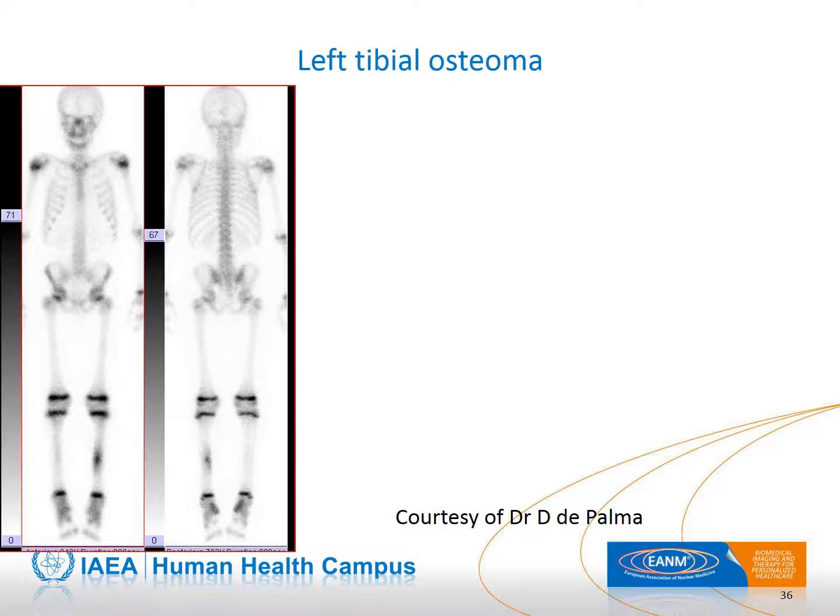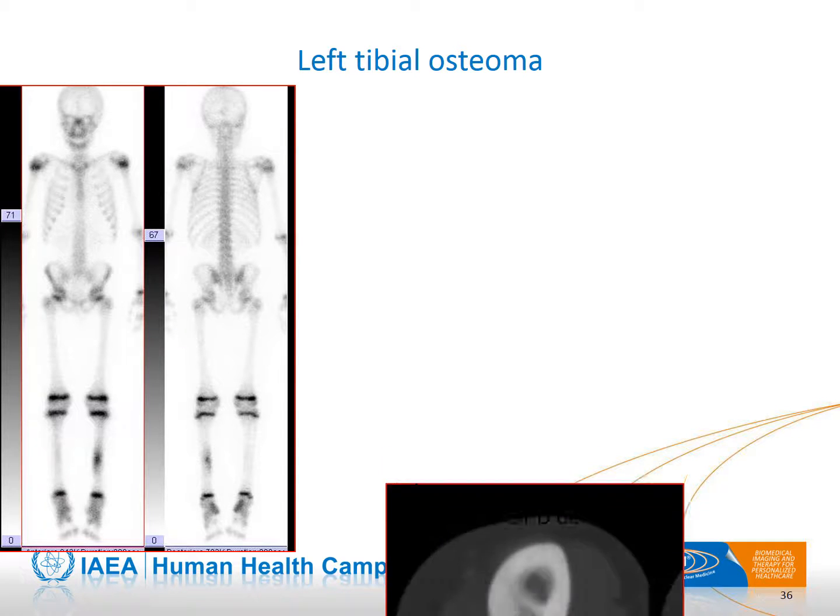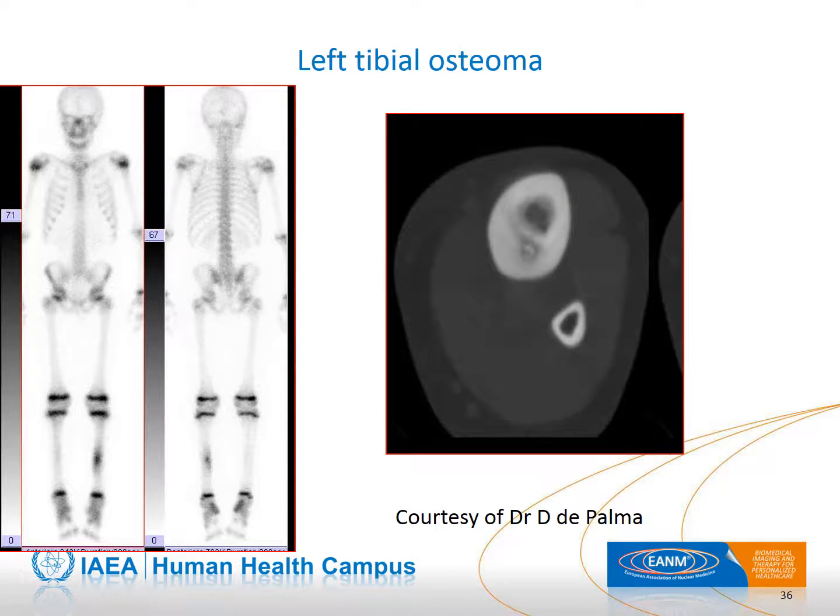Osteoid osteoma of the left tibia, surrounded by fusiform tracer uptake. CT clearly shows the active center of the tumor and the surrounding periosteal reaction.